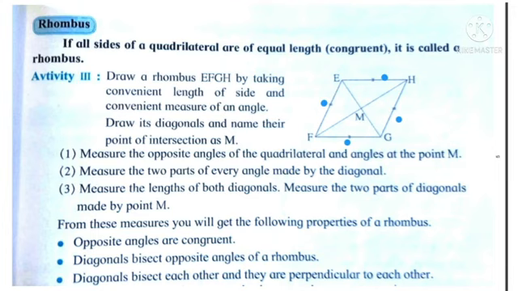Then opposite angles are congruent. Diagonals bisect opposite angles of rhombus. And diagonals bisect each other and they are perpendicular to each other. Means diagonals are perpendicular bisector of each other.